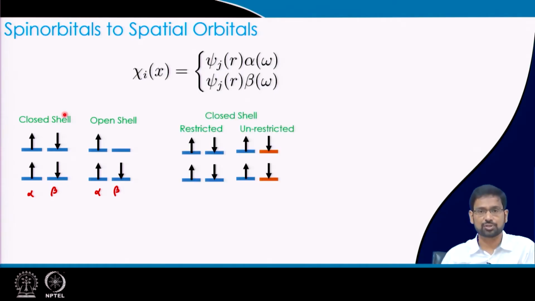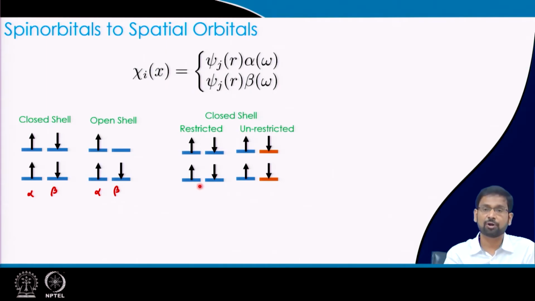Now within closed shell we can formulate our problem in two different ways. One we call restricted, another is unrestricted. The difference between restricted and unrestricted is how we treat the spatial function for two electrons. Suppose I have the same spatial orbital, 1 alpha, 1 beta.